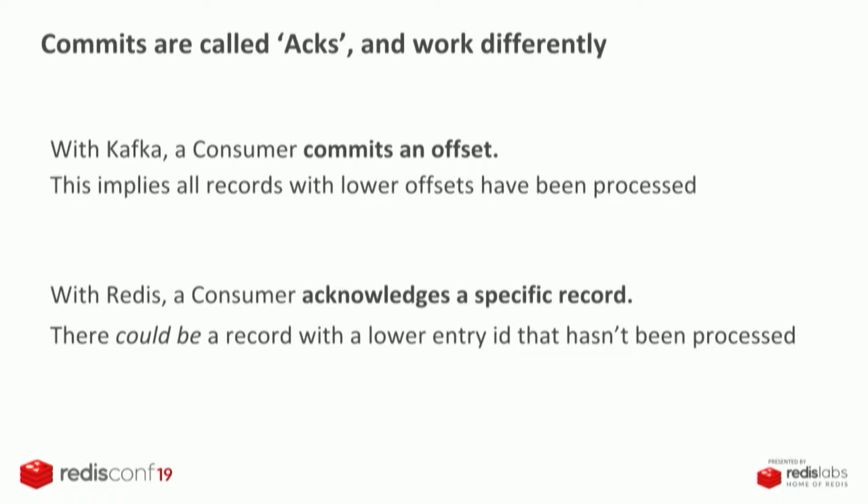In Redis, it's not like that. In Redis, the consumer has to acknowledge each record that it has processed. So if you acknowledge record number 33, it does not mean that 32 and 31 have been processed successfully, right? You have to individually acknowledge each message or each record that you're working with.